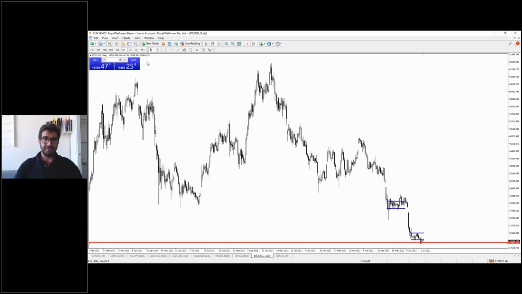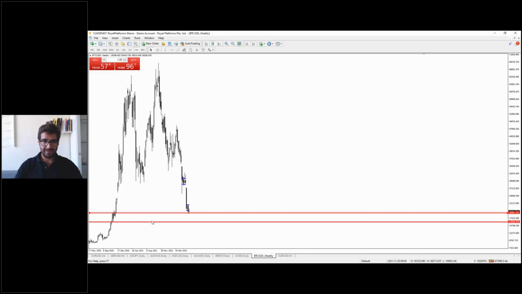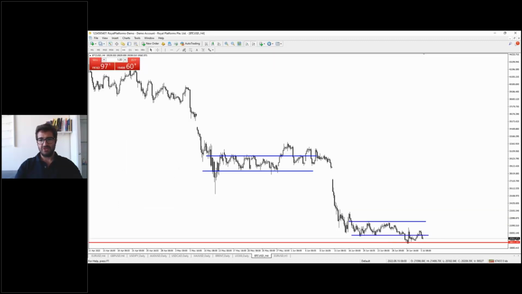The market reached a bottom here, which is the 18K. Why? Because we have a support. If we go back in time, we can see there is a high here that I used for our key level. You can see it coincides with this swing low. So for now, I don't see much for the BTC.